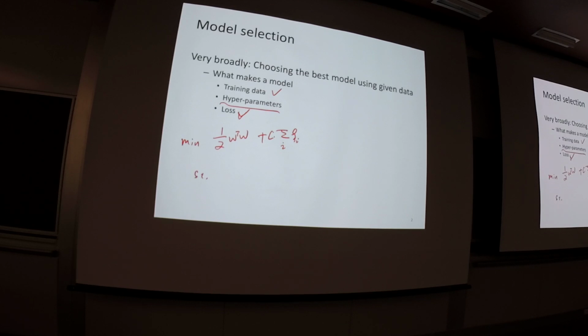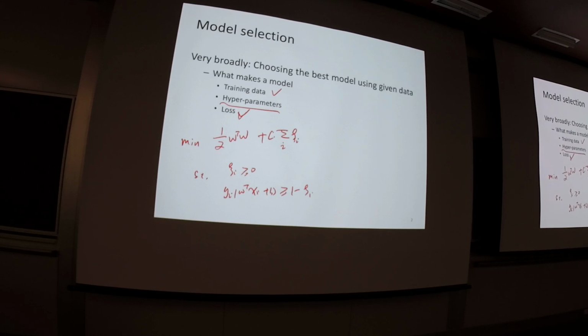What are the constraints? First, the slack variables must be non-negative. And second, the functional margin must be no less than 1 minus the slack variable.